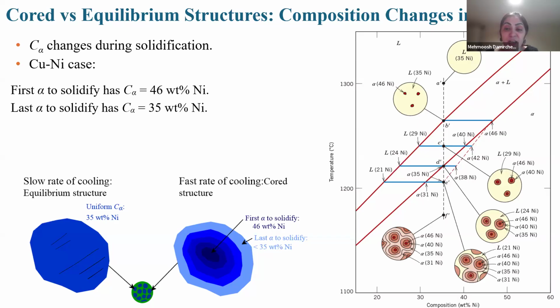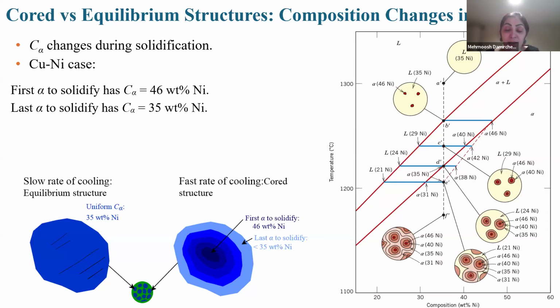So diffusion is limited. The first alpha to solidify is rich in nickel, 46%, as you see at the core, while the last alpha is poor in nickel, maybe less than 35% at the outer surface, forming a non-uniform cored structure.